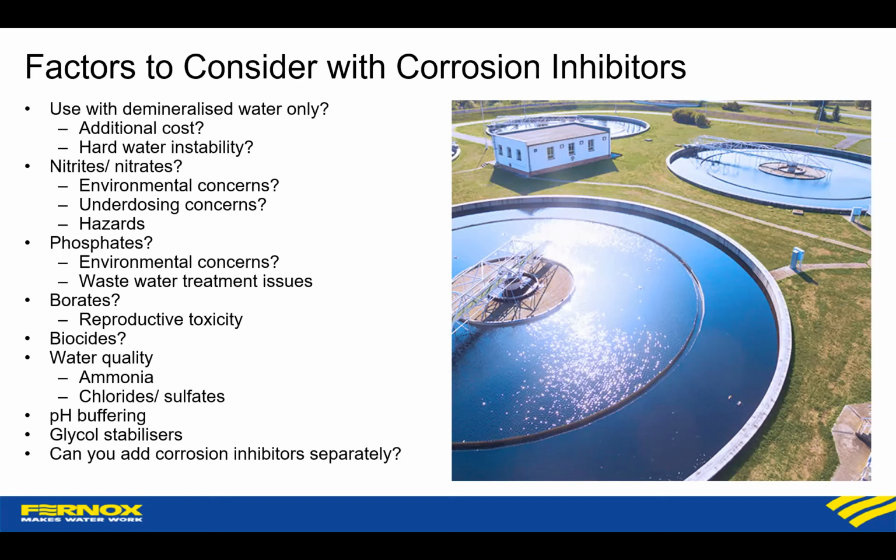So for instance, we supply a product called Alpha 11, which is propylene glycol, and with our corrosion inhibitor F1. Now, there's nothing really to stop you getting your own glycol and then adding in our corrosion inhibitor F1 separately. Obviously, you should make sure it's a good quality, relatively pure, the color's good, etc. But that's also an option if that works best for you and your company.